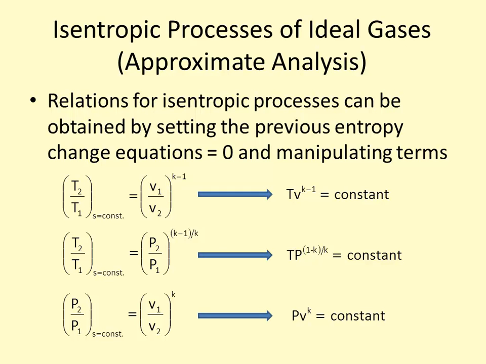So with the V's in there, on this side of the equation, we can take this exponent up. So we have this times natural log of this is equal to natural log of V1 over V2 to the R over C sub V. And this we said was equal to K minus 1.